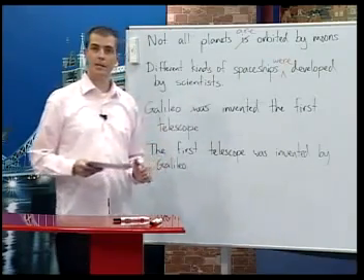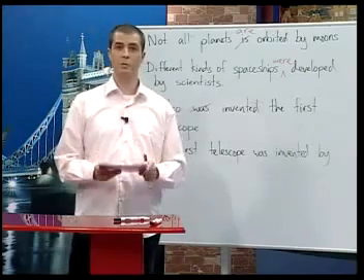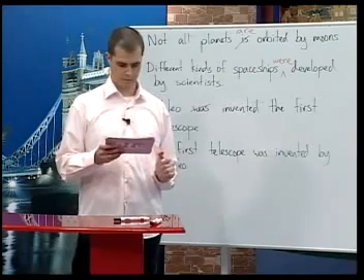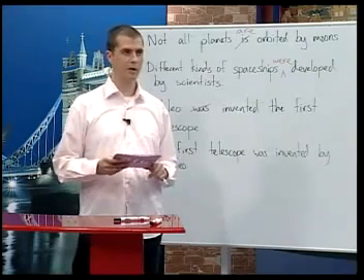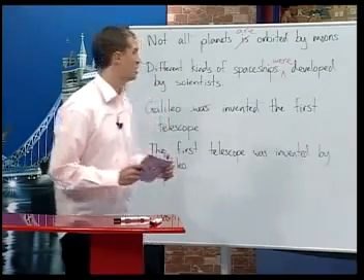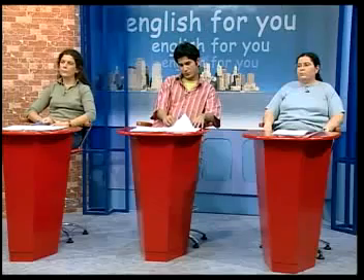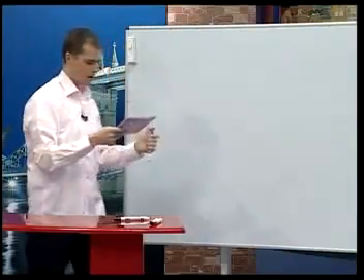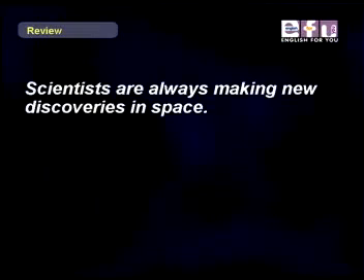Right, well let's try an exercise now using the passive voice with present continuous. I'll give you a sentence in the active voice and you change it to the passive and we'll use the present continuous. And the first sentence goes to Rosa.